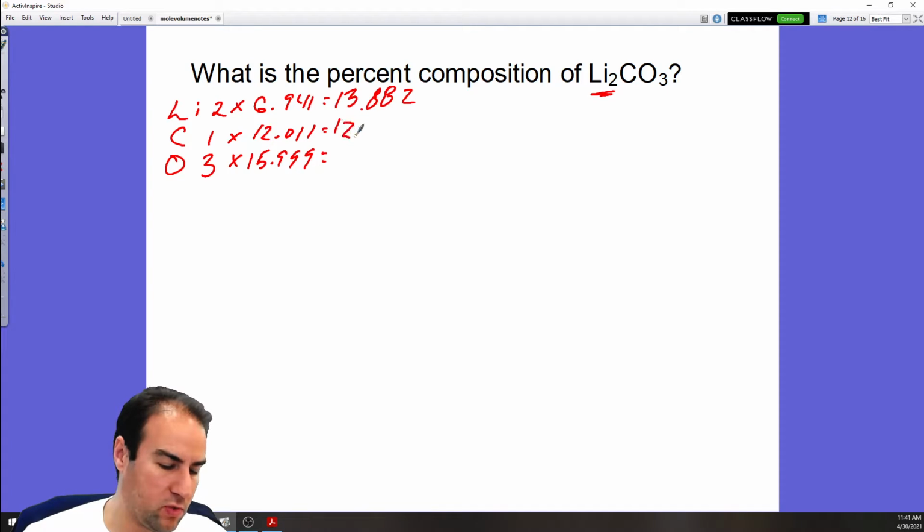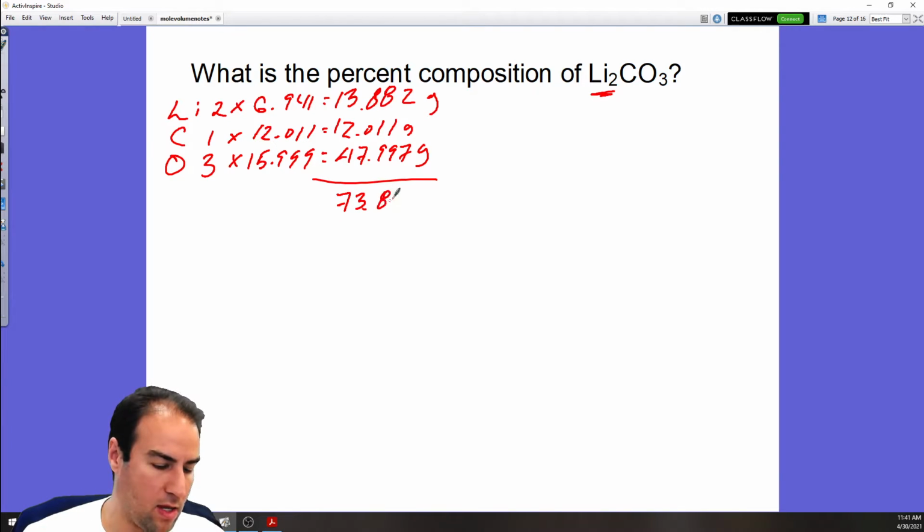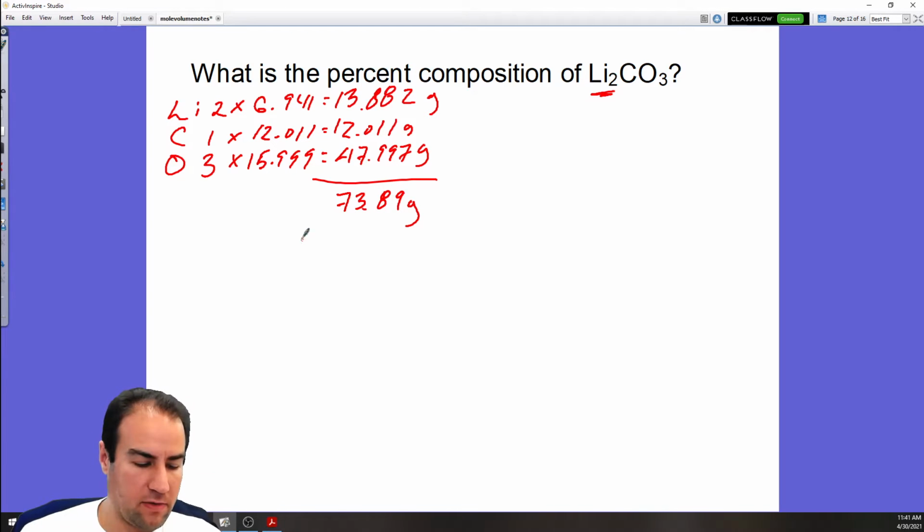Carbon, of course, there's just 1, so still 12.011, and 3 oxygens gives us 47.997, and of course those are all in grams. We add them all together to get the molar mass: 73.89 grams. That's just the first step.